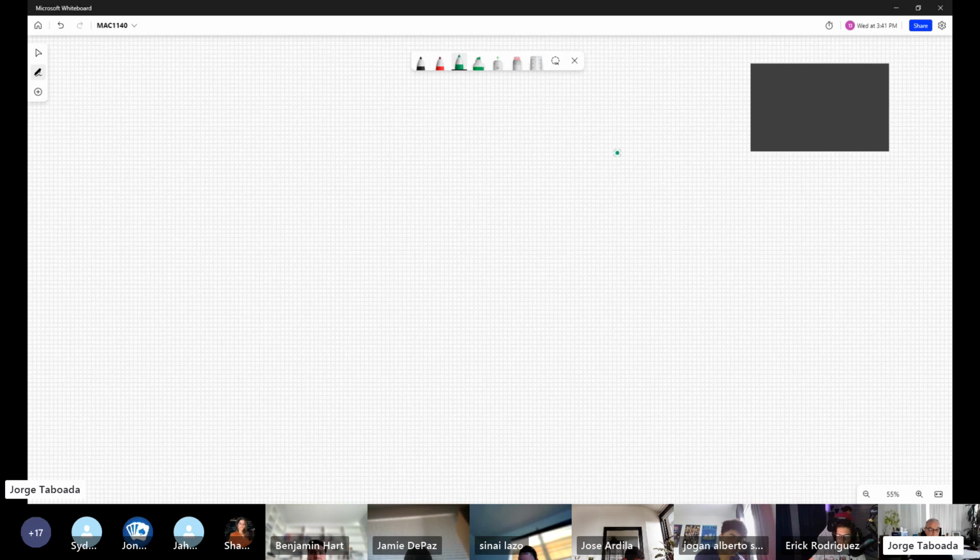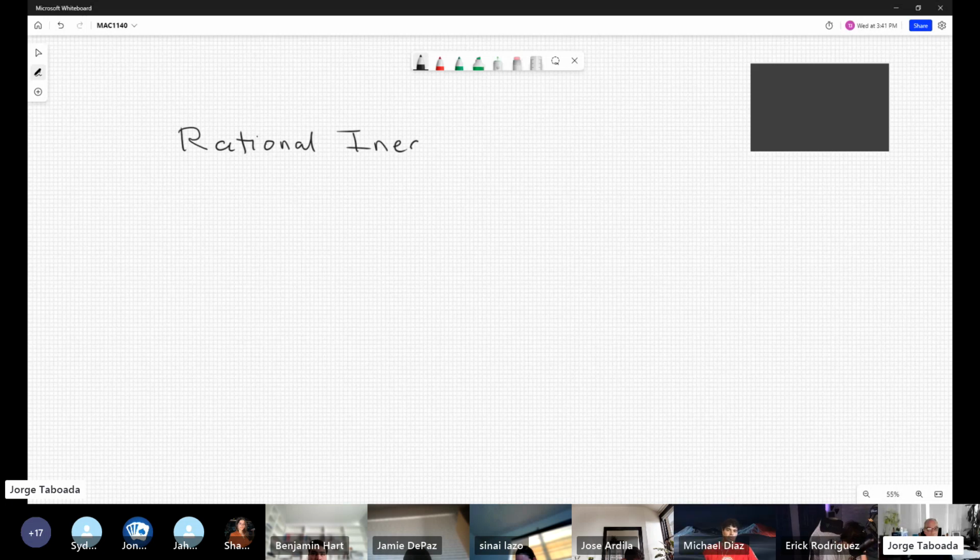Let me try now to do one example of the rational. Rational, remember, it's the same idea. But in this case, a little bit more complicated because we have 2 polynomials, no? Polynomial at the top and polynomial at the bottom. Suppose this example.